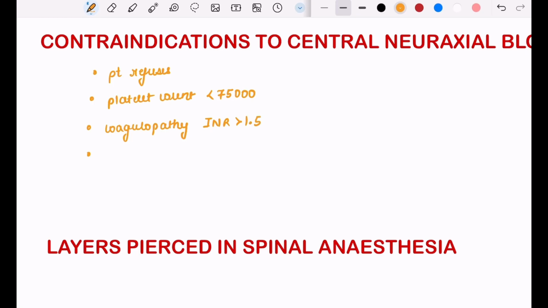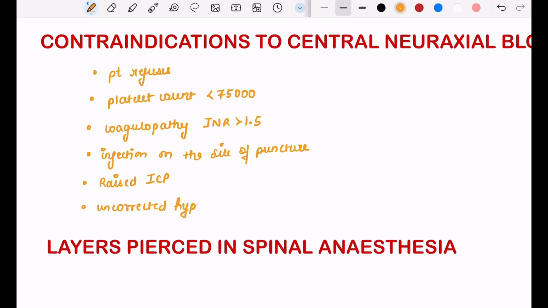The fourth contraindication is infection at the site of puncture. The fifth contraindication is raised intracranial pressure. The sixth contraindication is uncorrected hypotension.